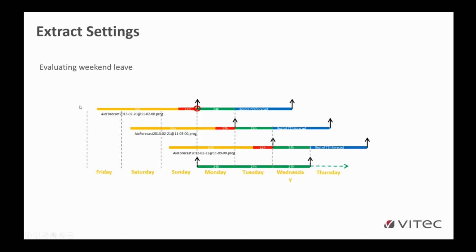So here, if you're away on Saturday and Sunday, if you would have had 6 hours search period, you wouldn't have found any forecast made on Sunday for Monday, because you're away on weekend leave. Then you have to expand the search period so that it covers also Friday. And this way you can take Friday's forecast, because that's when you have made the Monday forecast you have made on Friday.